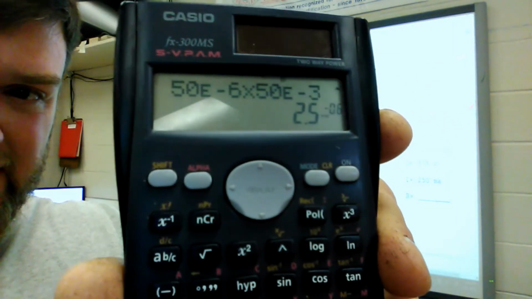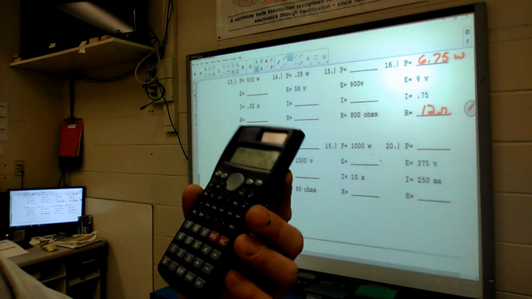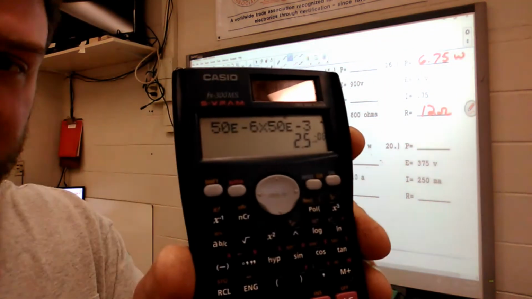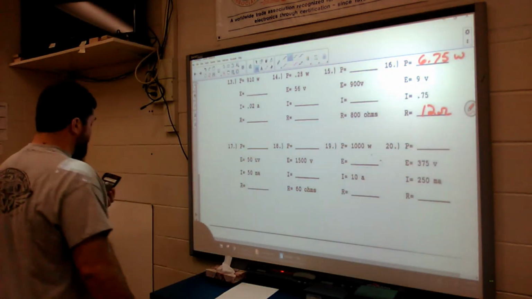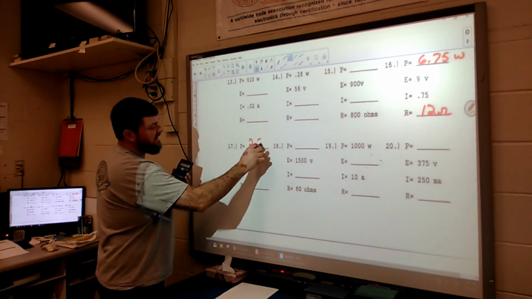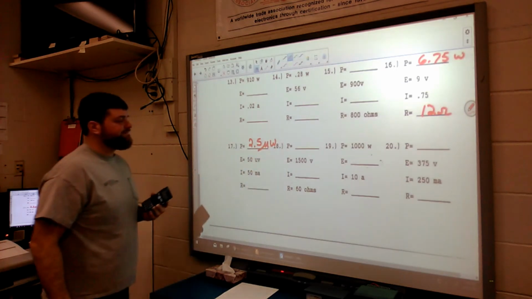Can't even see what it says. You got to remember, everything I'm looking at in the camera is backwards. I have to hold it out here. Okay, that says 2.5 exponent -6, right? So that's 2.5 micro. So being we multiplied these, that is 2.5 microwatts.